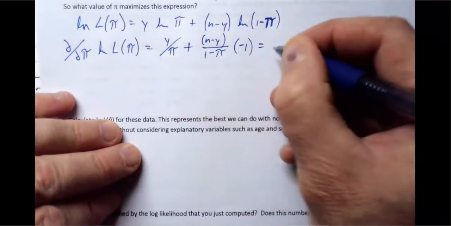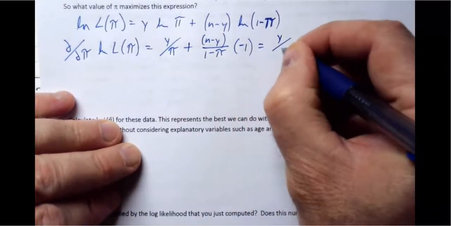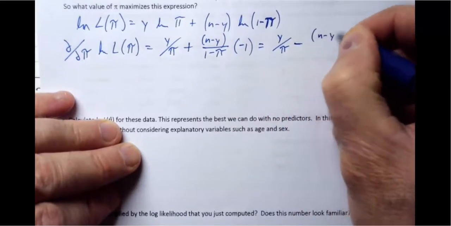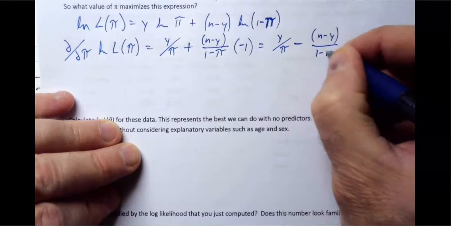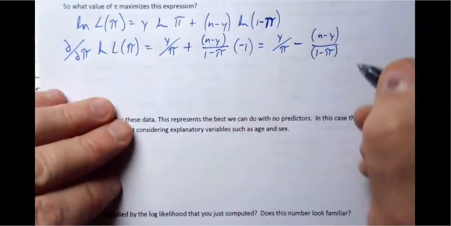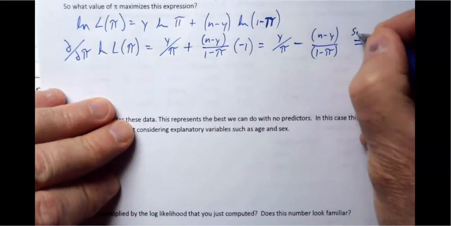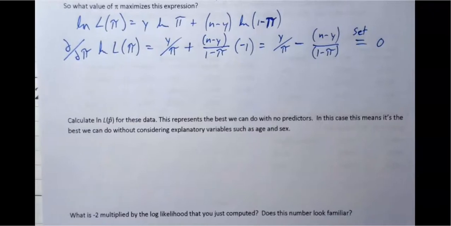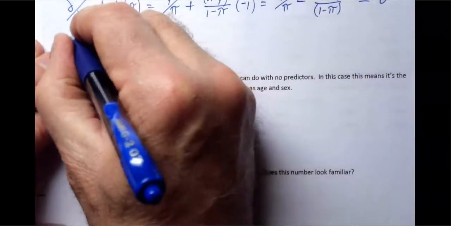So we can simplify this as y over pi minus n minus y over 1 minus pi. That's our derivative, and if we set this equal to 0, we can now solve for pi.